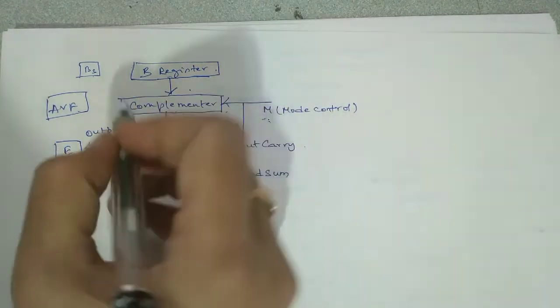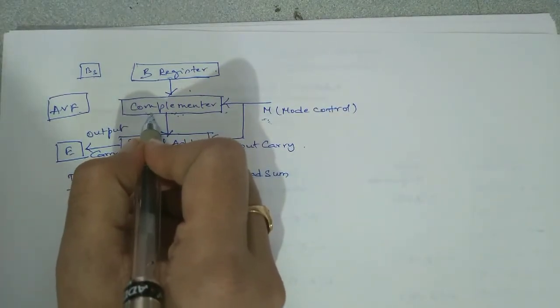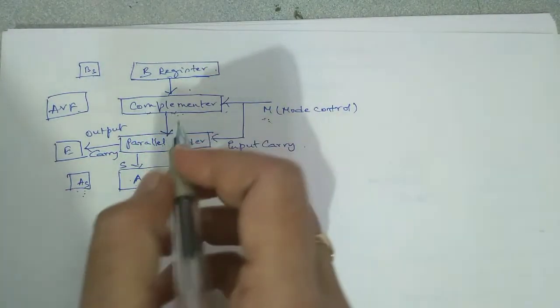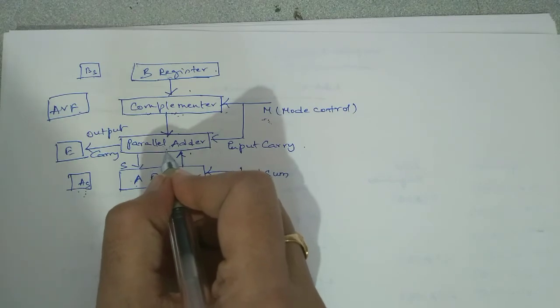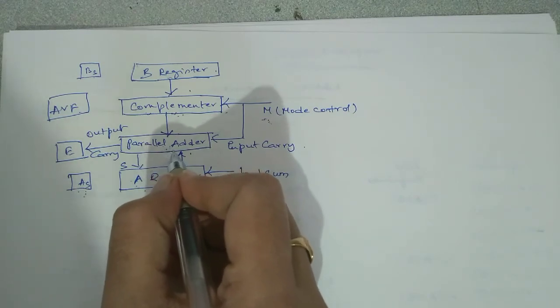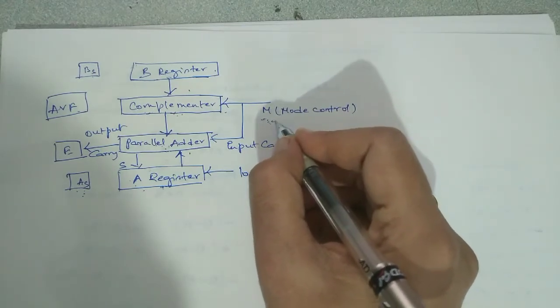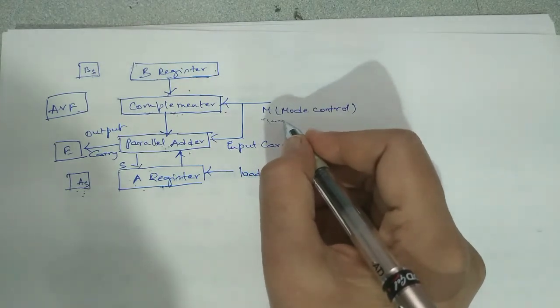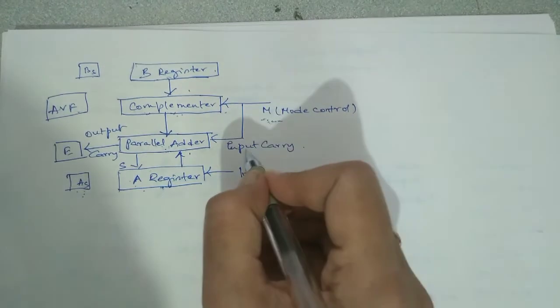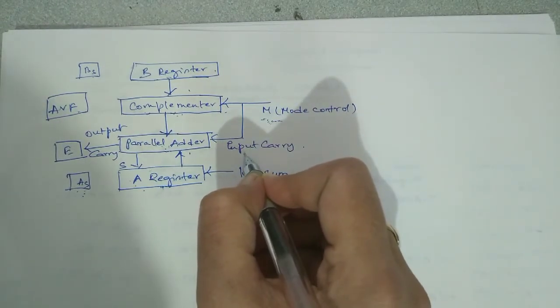The complementer consists of XOR gates, and a parallel adder consists of full adder circuits. Depending upon the M mode control value, the mode signal is also applied to the input carry of the adder.